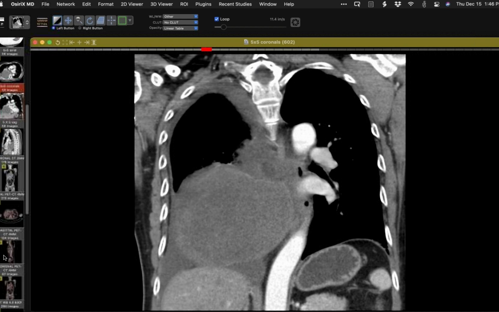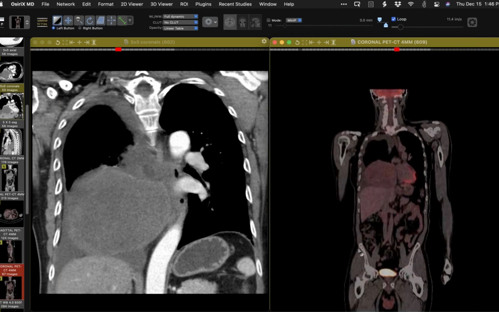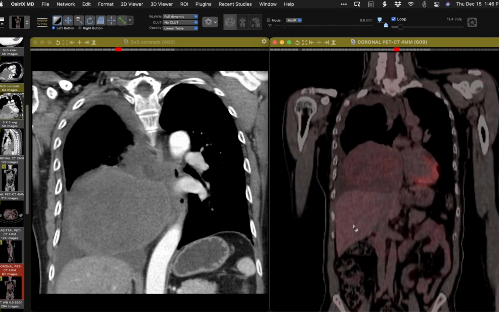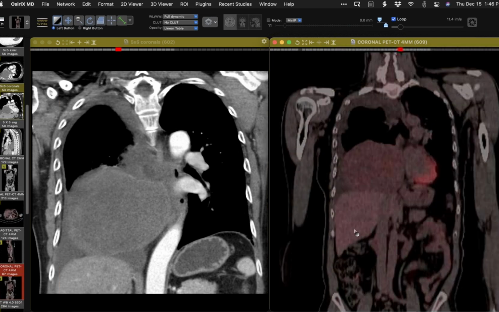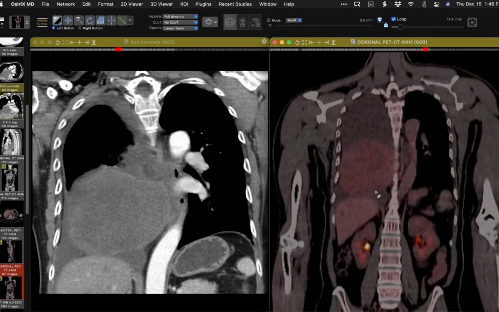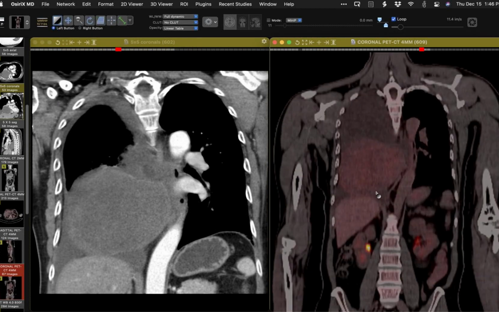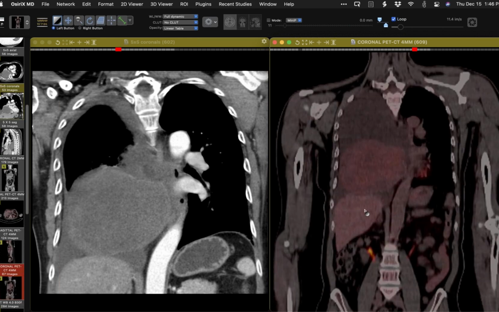And let me bring in the coronal PET here, the comparison, which is this. And unlike the previous one, this shows that it's not very active, just a little bit orange, but not very much. So a nice correspondence. So again, it's a differential diagnosis of a big pulmonary mass, but not very FDG avid.